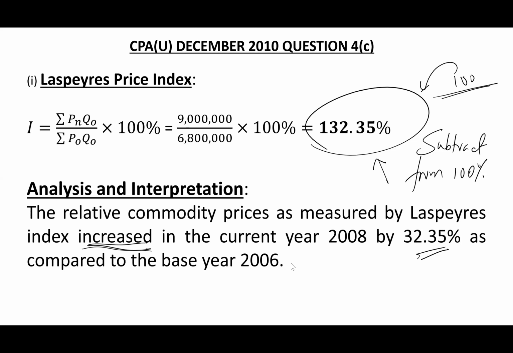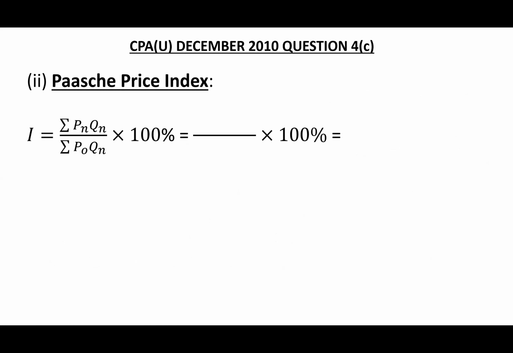Next, we move to Paasche price index. PN QN is 9.3, P0 QN is 7.8.